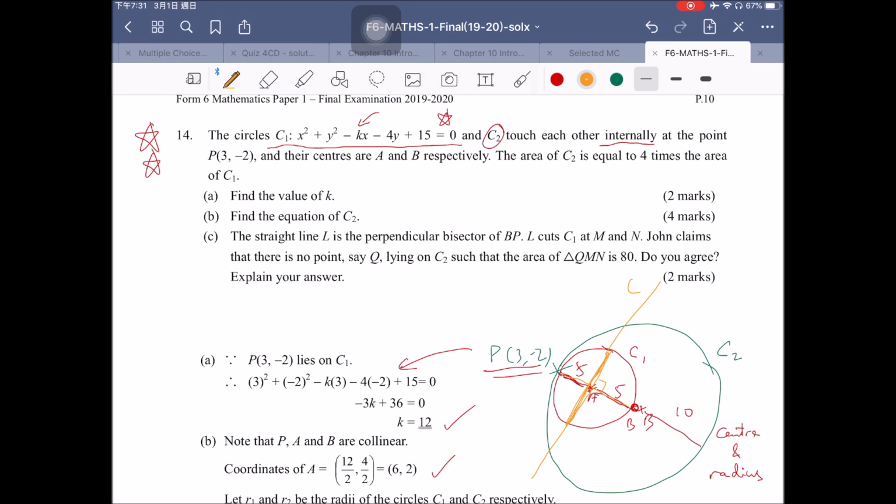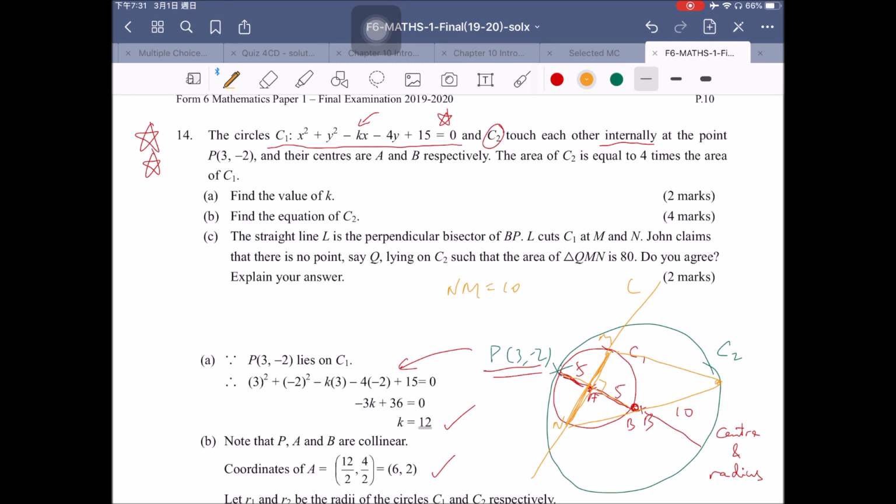This is just 10. This is just 10. And then the point Q on C2, for example, this one. Okay, look, MN is the diameter. MN equals 10, which is the diameter.